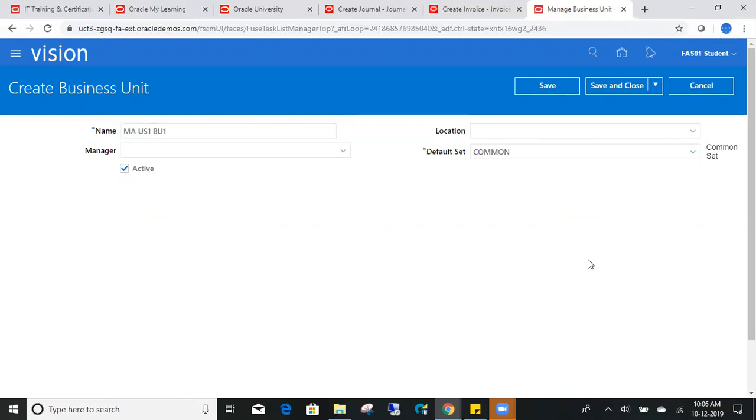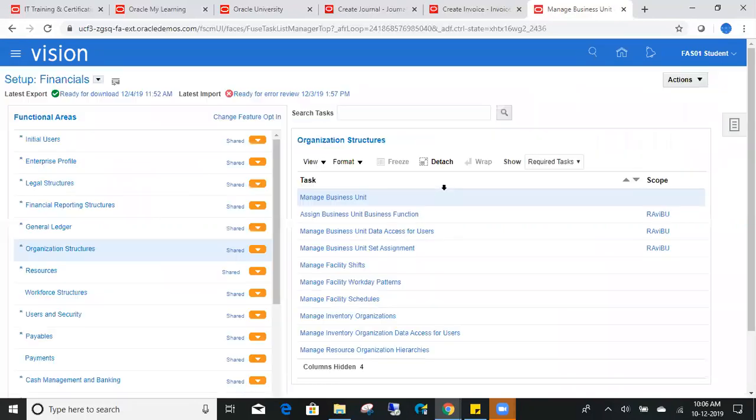I'm saving your Mahesh MAU as one business unit. I have created my business unit with your common reference set. If you want to create with a separate reference set, you can create it.